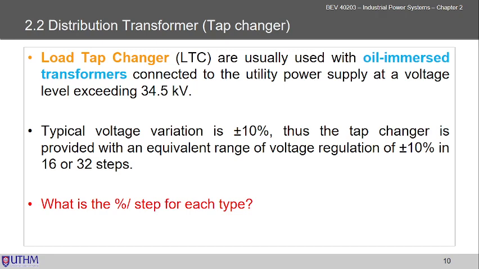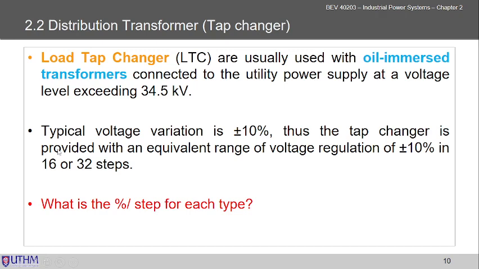It should be more than 34.5 kV. Then we economically use the load tap changer. Otherwise it's not that economical, because the load tap changer is much more expensive as compared to the off-circuit type.